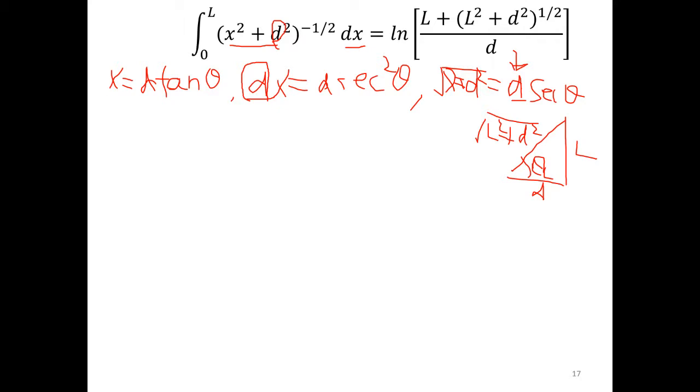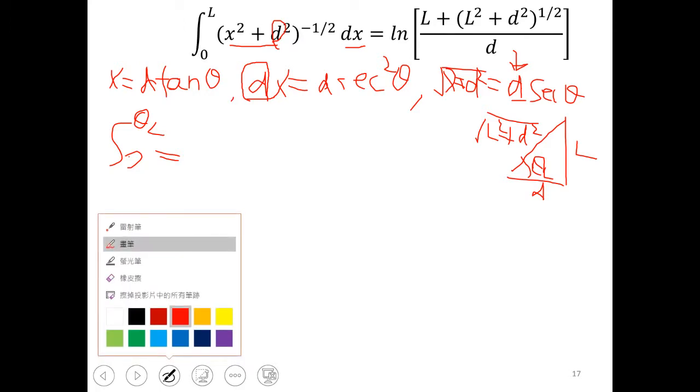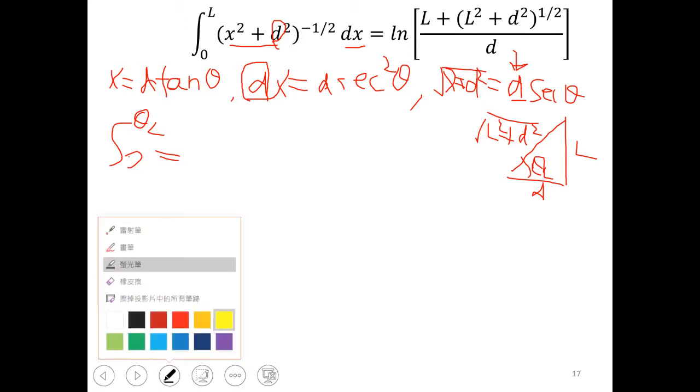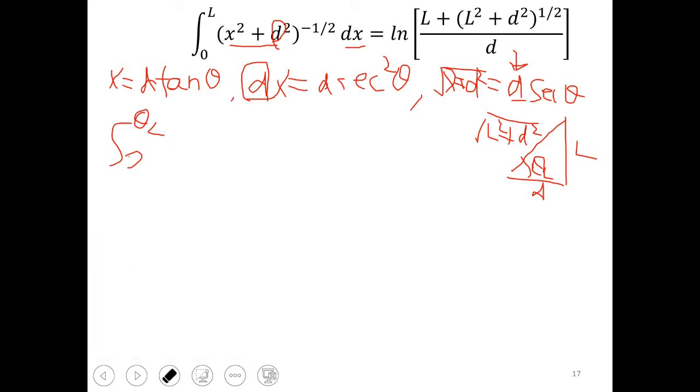So this integration will become this way: D secant squared theta, D secant theta, d theta. Okay, you put all of them into the original one.